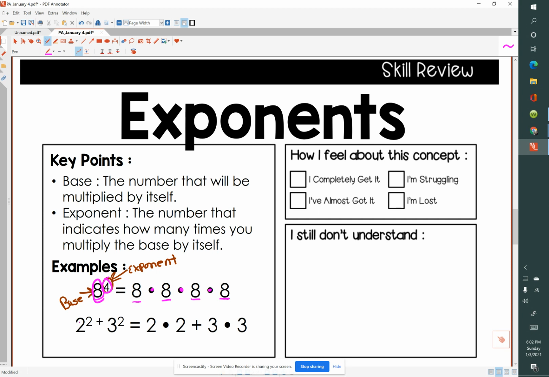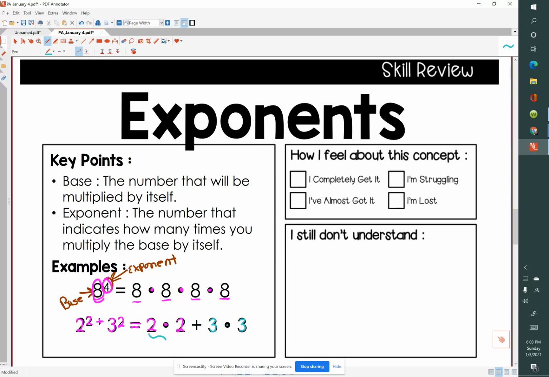So we can add 2 to the second power plus 3 to the second power. And what would that equal? Well, 2 to the second power is 2 times 2, and 3 to the second power is 3 times 3.